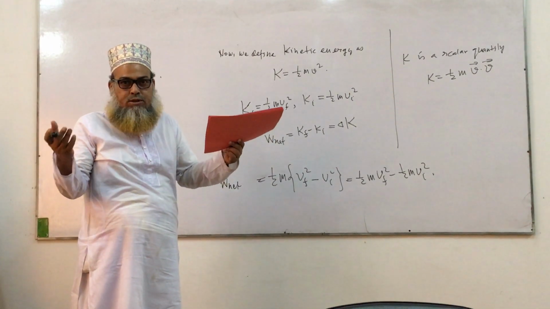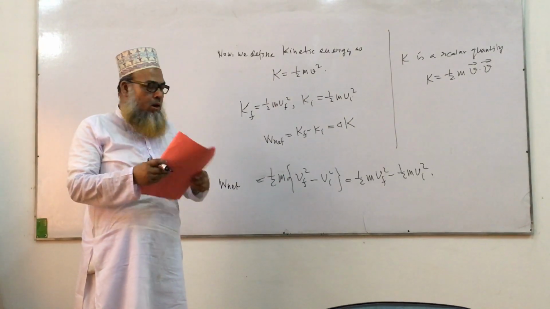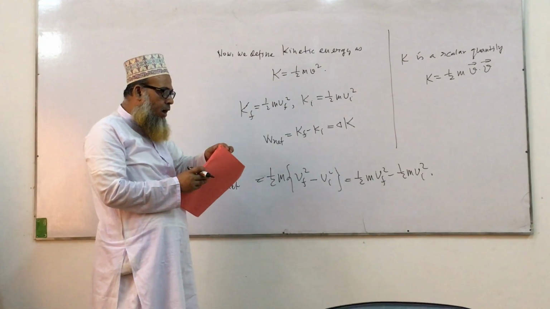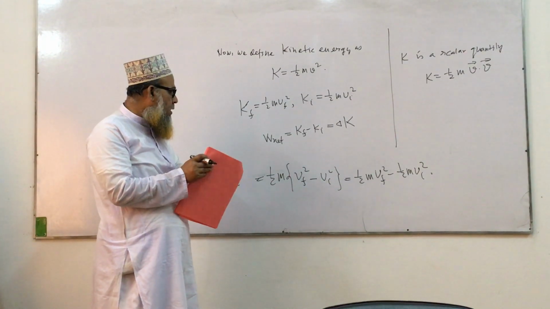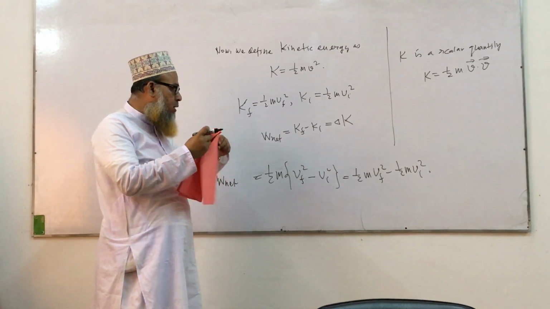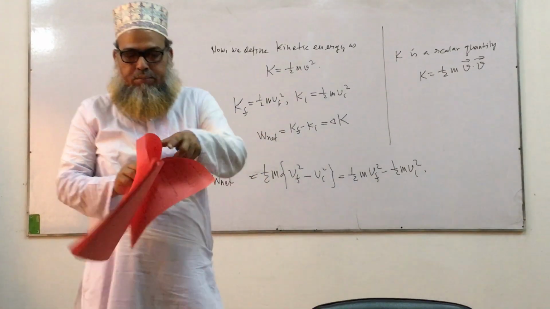M is a scalar quantity. So kinetic energy is a scalar quantity. Now, from this formula, W net equals Kf minus Ki equals delta K, we can get an important theorem which is called the work energy theorem.